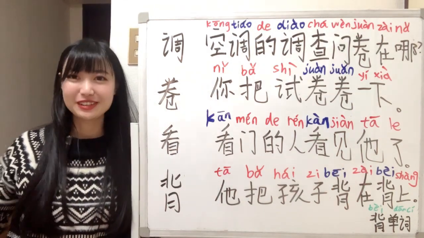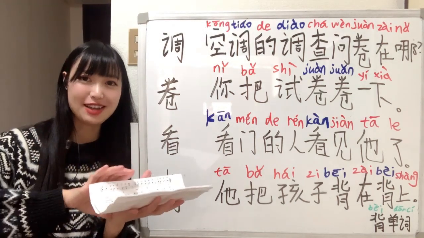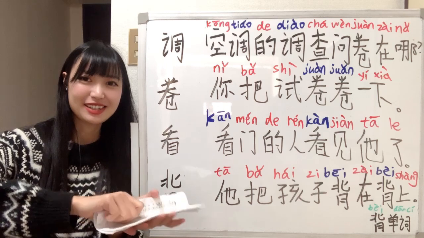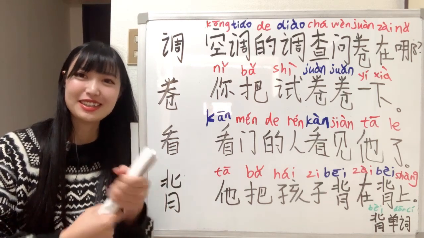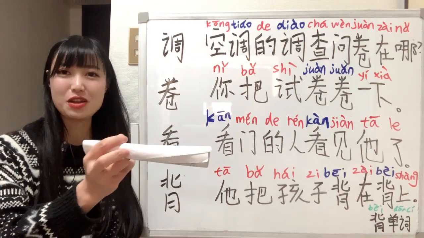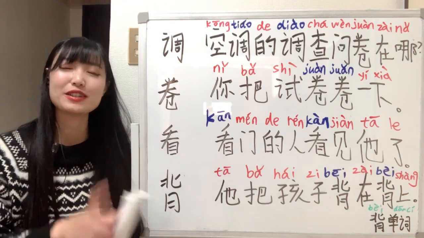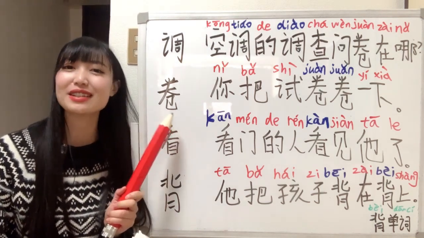For example, this is 试卷, and 把试卷卷一下 is do this, to roll up. So this character with the third tone is a verb.